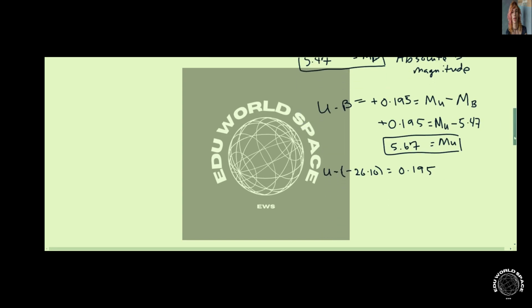And so this gives us U is equal to 0.195 minus 26.10. So U is minus 25.91.